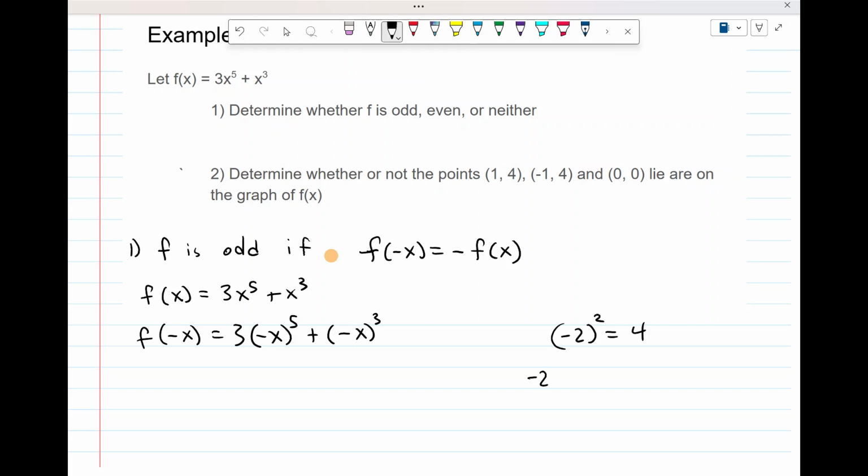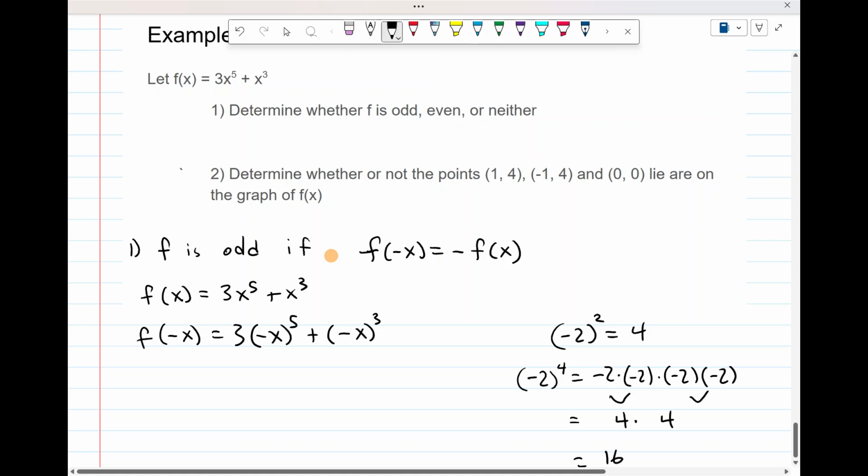If we do negative 2 to the fourth, that would be negative 2 times negative 2 times negative 2 times negative 2. And a negative times a negative is a positive. So this would end up being positive 4 times positive 4. So this ends up being positive as well.